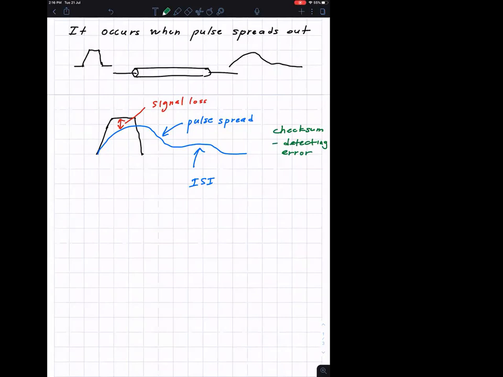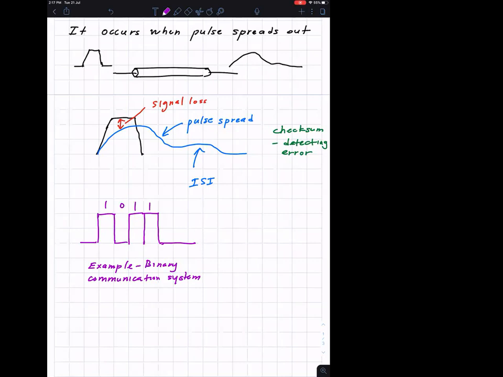Here's an example. Let's say these are some ideal pulses. Example, binary communication system. Say 1, 0, 1, 1.